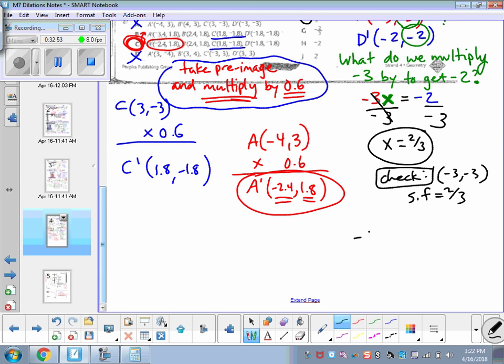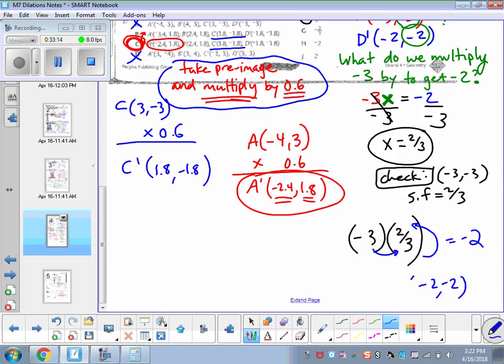So we will take negative 3 and multiply it by 2/3. So 3, when you divide it by 3, we get negative 1. Now that times 2, negative 1 times 2 is negative 2. So that would in fact be our new point, negative 2, negative 2. If it started out at negative 3, and had a scale factor of 2/3, we'd be right there.